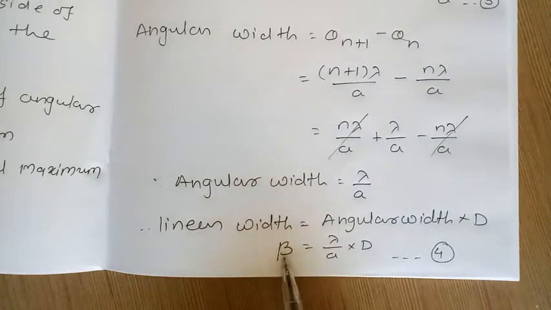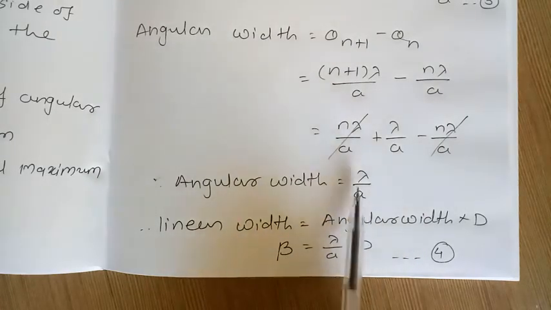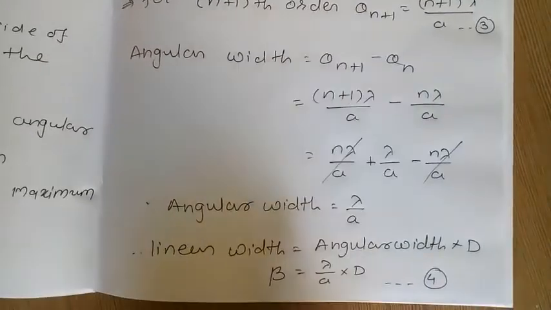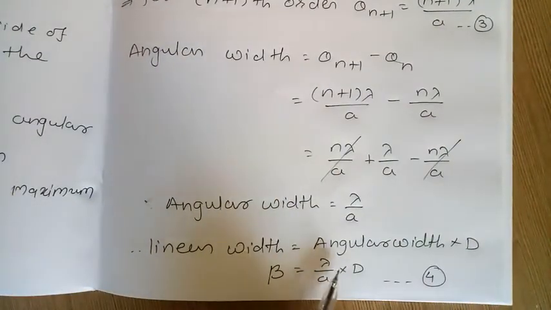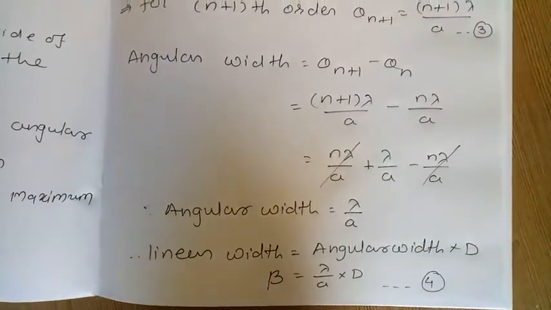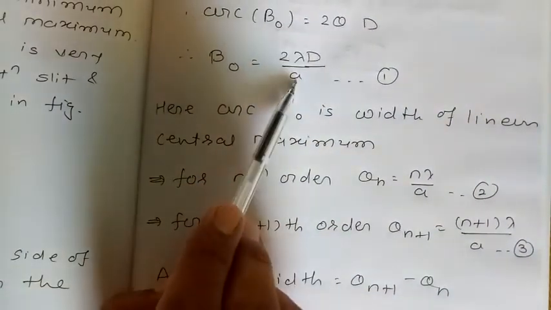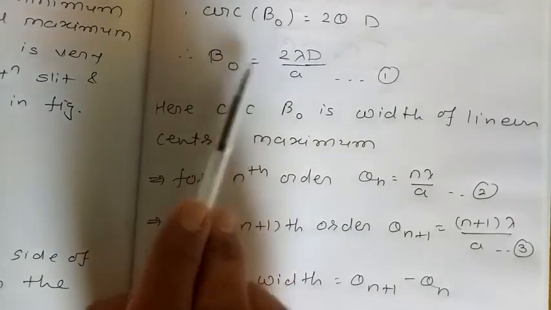So we get beta is equal to lambda by a into capital D, right? But we have to find the value of lambda into capital D by a, so 2 goes to the left hand side.